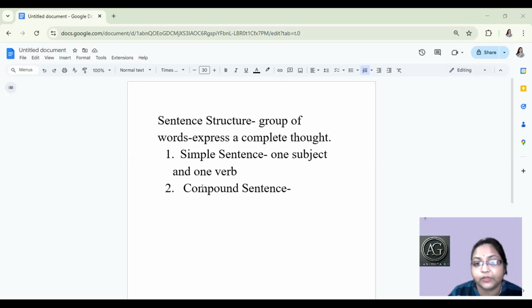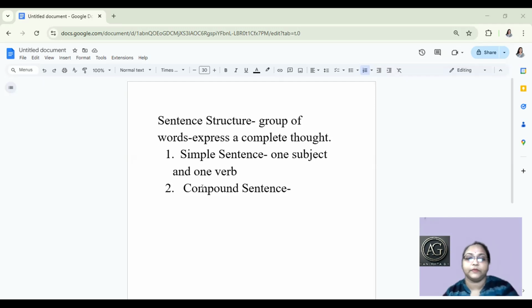So a compound structure will have two independent clauses, like I love reading, but she prefers watching movies. There are two independent clauses. One is that I love reading, and another is that she prefers watching movies. These are two simple sentences, each with one subject and one verb, and then we are joining these two sentences with the conjunction. Here in this sentence, the conjunction is but.